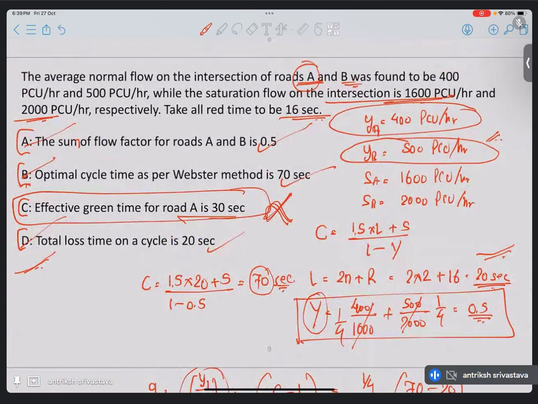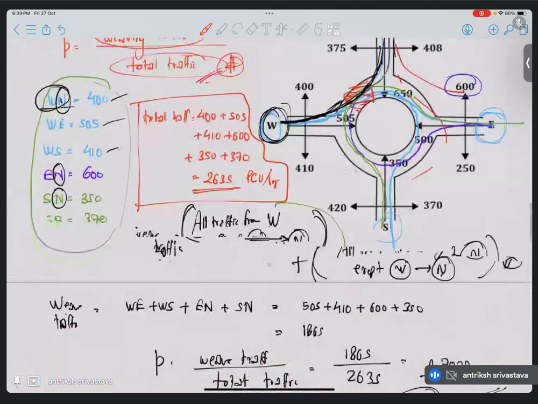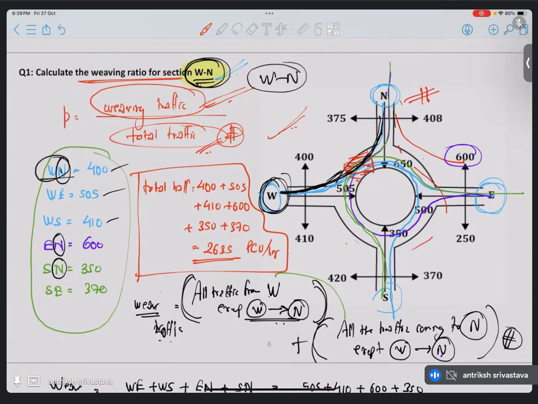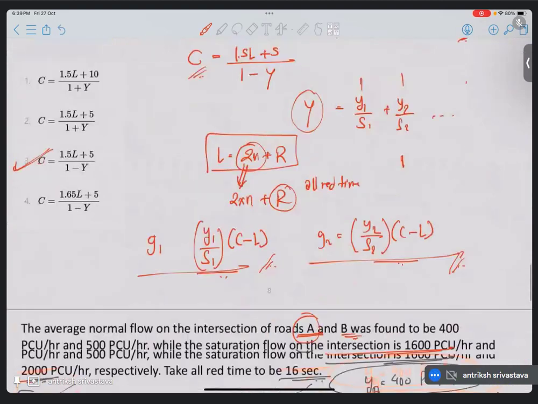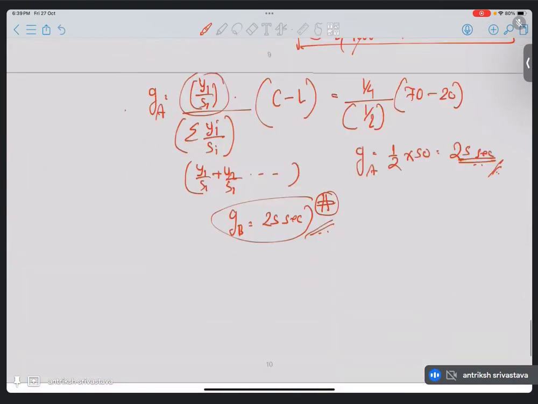This is just a formula based method, and I also hope that you are able to understand and appreciate this weaving, because I thoroughly enjoyed calculating the weaving ratio using this concept, using this trick. I hope you understood, and that's all for today's session.